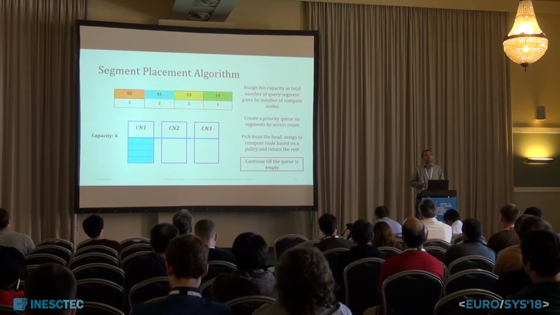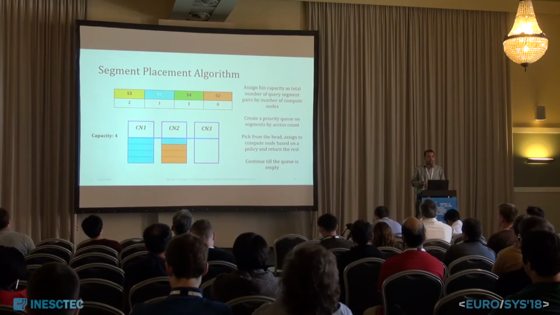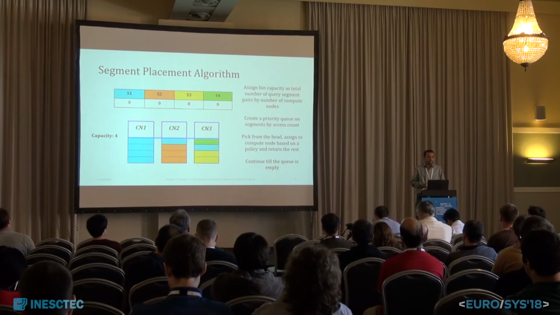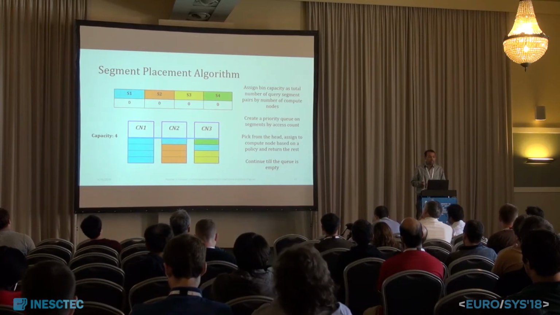And we continue doing this till the queue is empty. In the next run, we pick S1 again, fit one of the queries, and return the other one back to the queue. And lastly, we fit segment S3 and the remaining balls from S1 and S2.